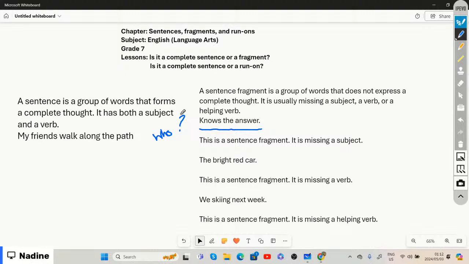Because remember, a sentence has a complete thought that has both a subject as well as a verb.